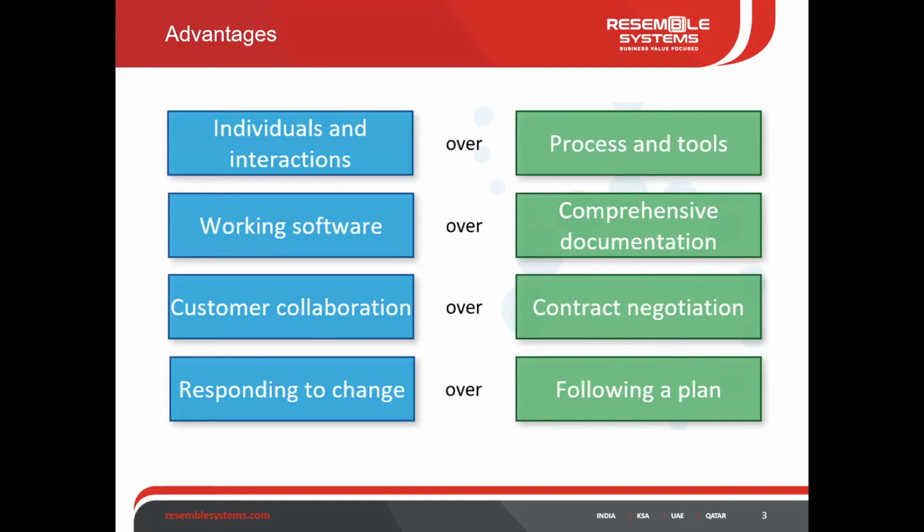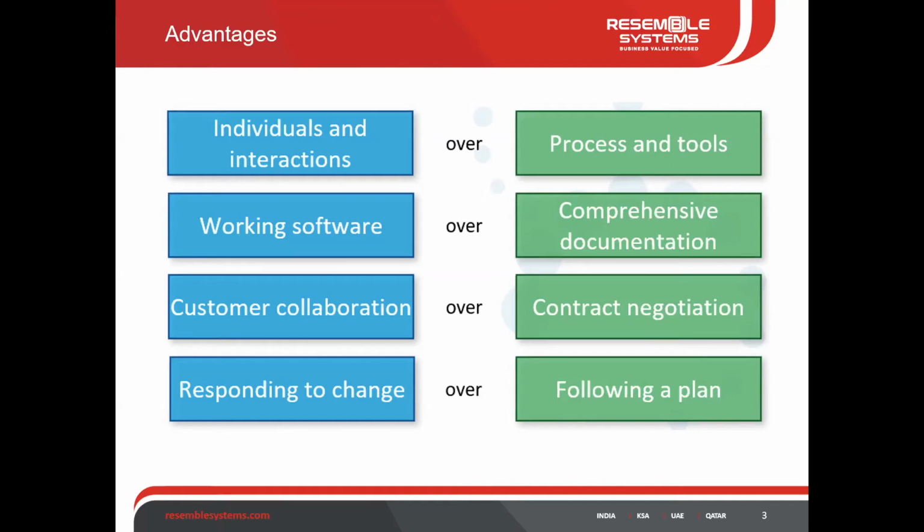Then the last part is the most important. Rather than following a plan, so I have a plan for 6 months, and I do not know what happens within these 6 months. If you create a plan to roll out an application, anything can happen. Maybe after 2 weeks, business says, okay, I need these changes, or I need to do something like this.